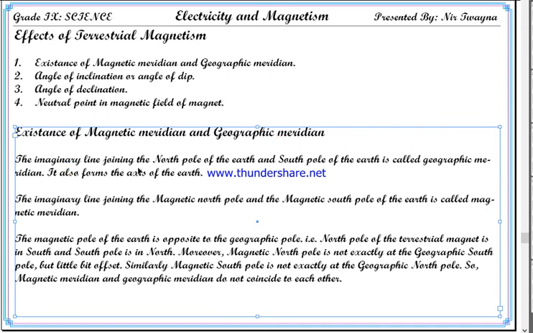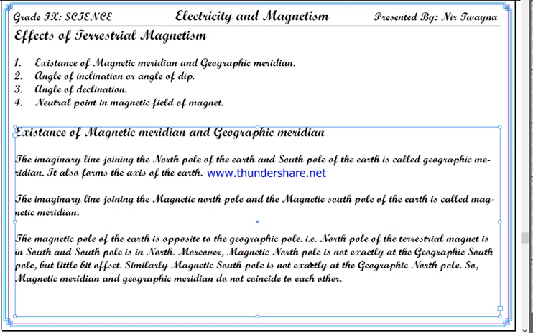The imaginary line joining the north pole of the earth and south pole of the earth is called geographic meridian. It also forms the axis of the earth. And the imaginary line joining the magnetic north pole and the magnetic south pole of the earth is called magnetic meridian. The magnetic pole of the earth is opposite to the geographic pole, that is, north pole of the terrestrial magnet is in the south and south pole is in north.